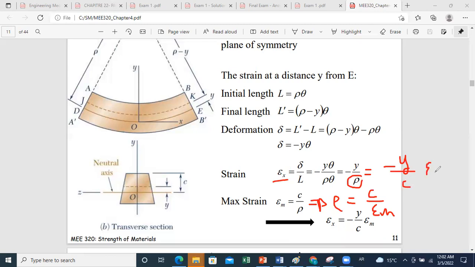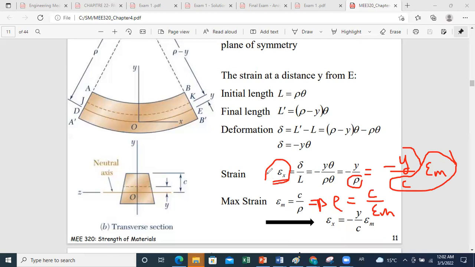This means that the variation of strain is linear, because it's a function of y. So it's a constant times y.